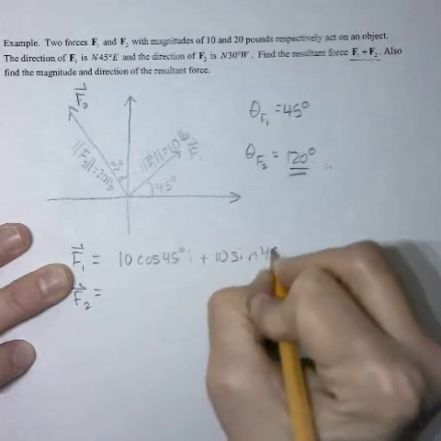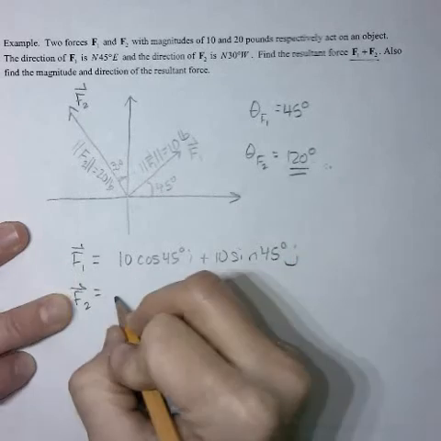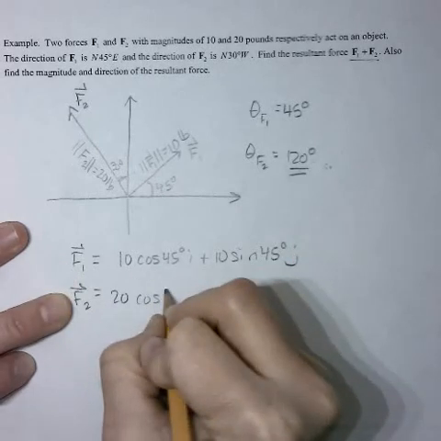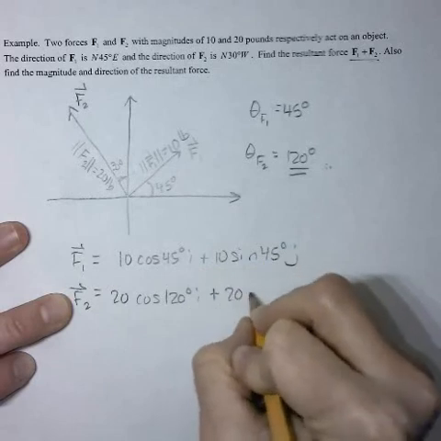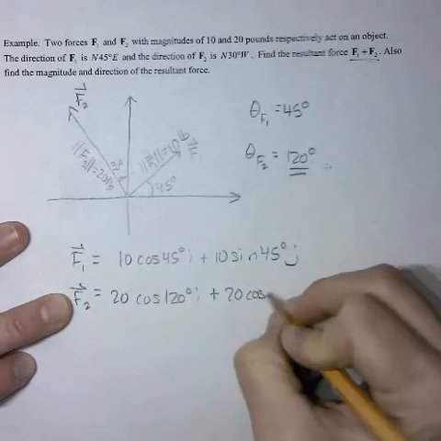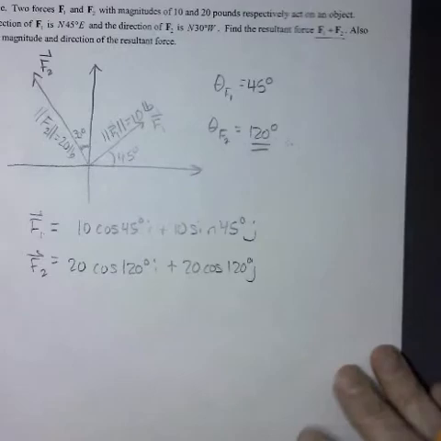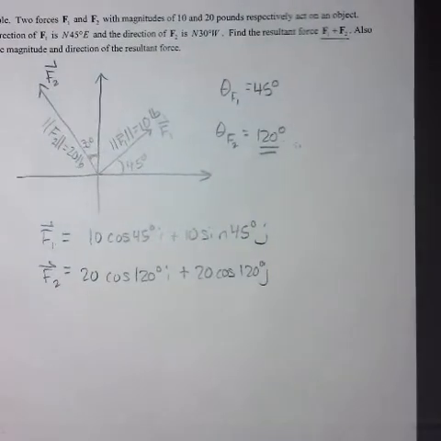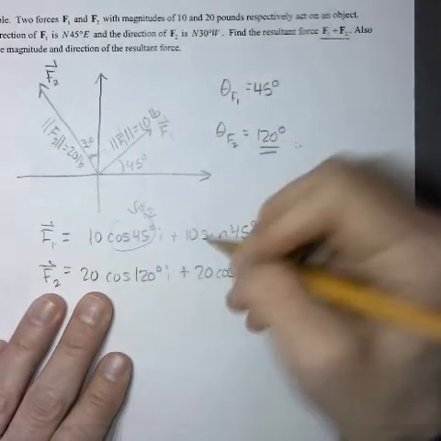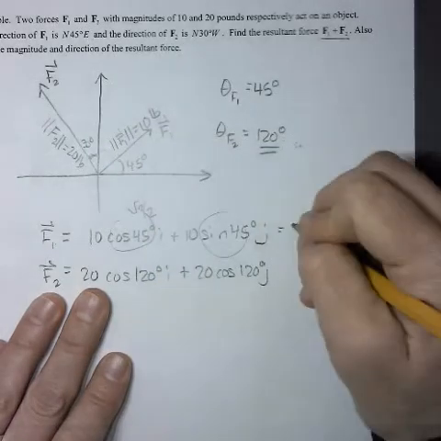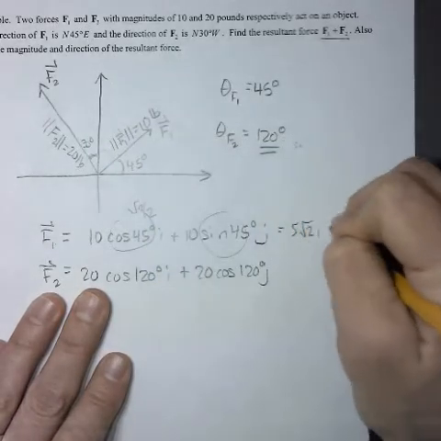Force 2 is 20 cosine 120 degrees i plus 20 cosine 120 degrees j. Because these are special values, we can do exact numbers if we want, right? So this is square root of 2 over 2, and so it's 5 square root of 2 i plus 5 square root of 2 j for force 1.